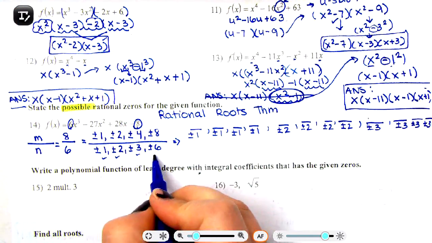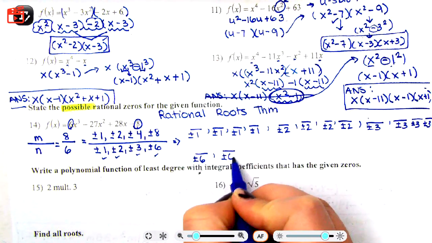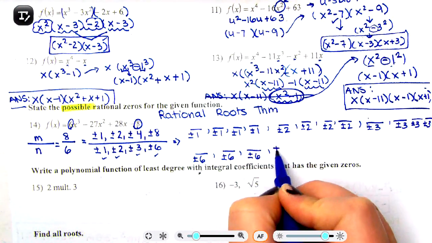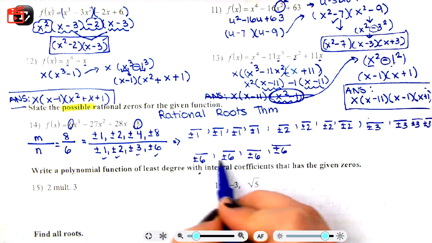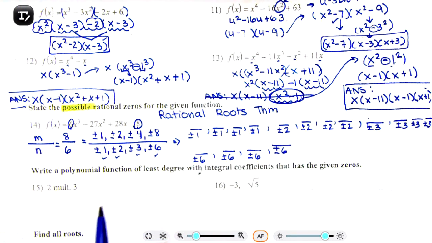Then we have 6: 1, 2, 3, 4. Now the reason I'm doing 4 of each is because I have 1, 2, 3, 4 different numerators, and each numerator has to be on top of every denominator.